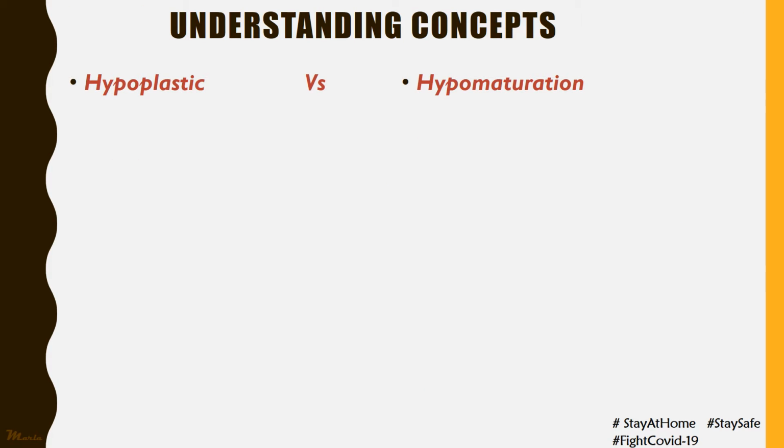Before we discuss each of the topics, let us revise some key concepts. Most of the developmental defects which are affecting the structure are either hypoplastic or hypomaturation in nature. Hypoplastic basically means there will be a deficiency in the production of matrix.